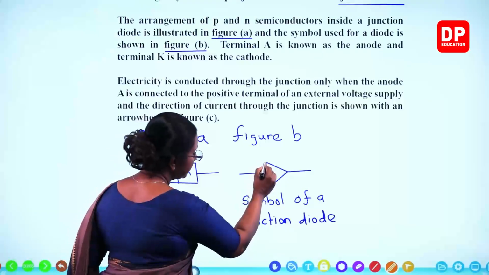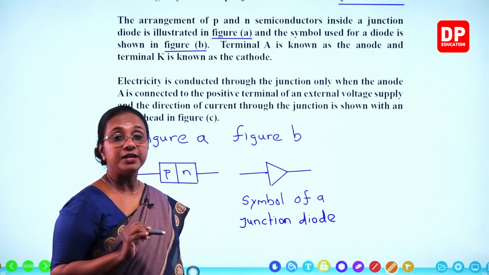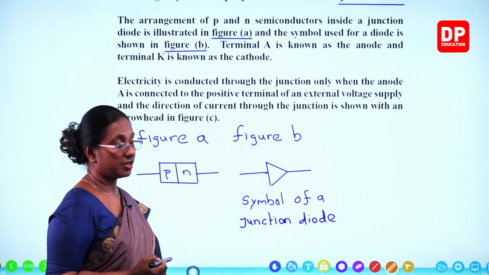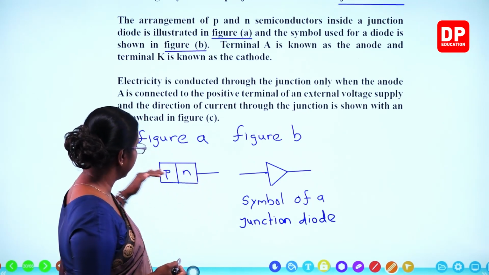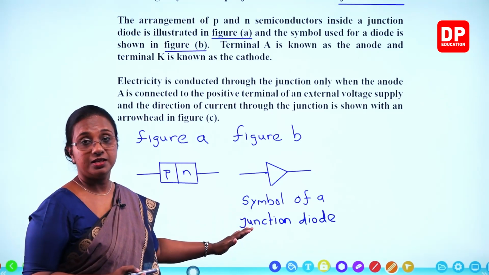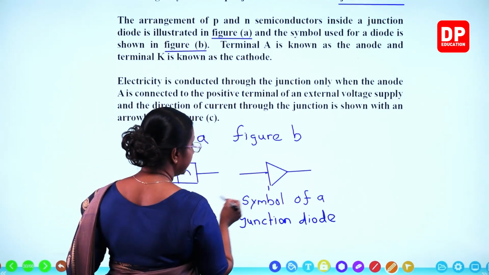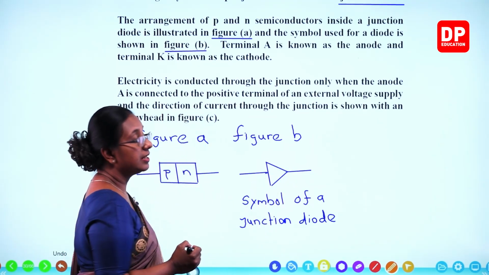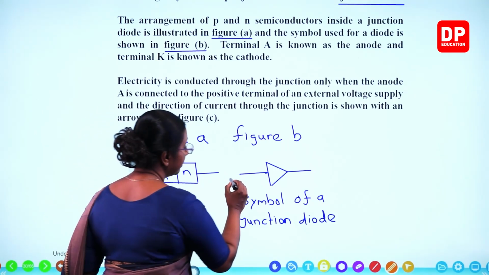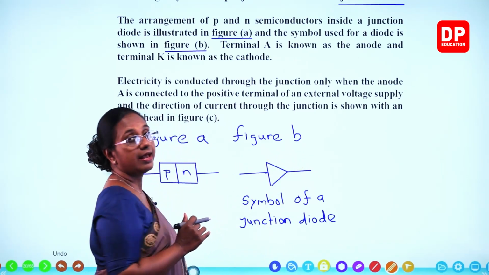Now, here you can see this triangle, it looks like an arrowhead. From that you can identify that current flows in this direction, always from the P side to the N side across the PN junction. The same way, this line represents the N region and the triangle side represents the P region. So, you can understand that the current flows in this direction.